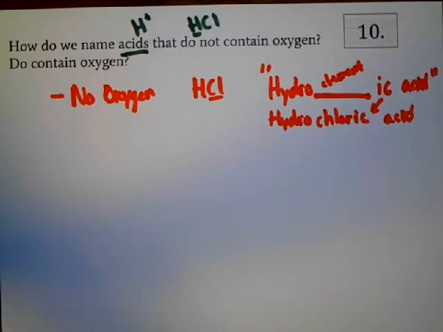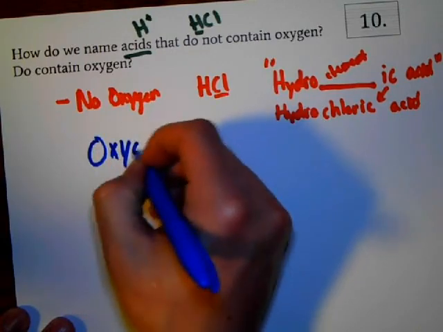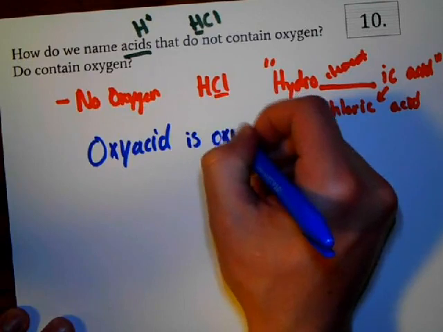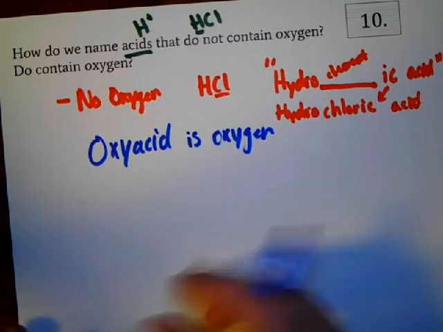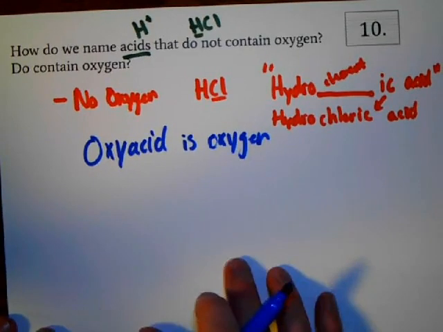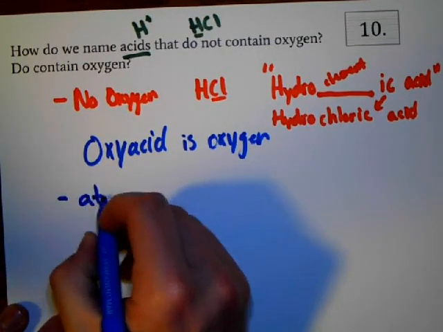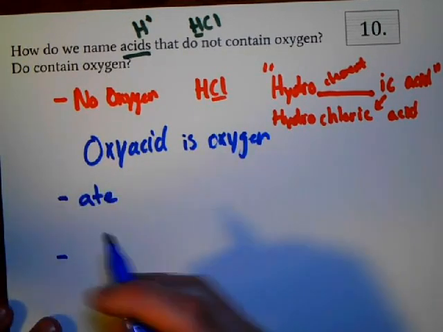Our next one is what happens if they do contain oxygen. And there's a good amount of rules for these. We call these oxyacids. So the oxyacids are if there is oxygen in the formula. Now there's a couple different options of this. I'm going to make it very simple now. We'll see the practice on the next note card. But it all depends on what the prefixes are in those oxyacids, or in the formula before the hydrogen.